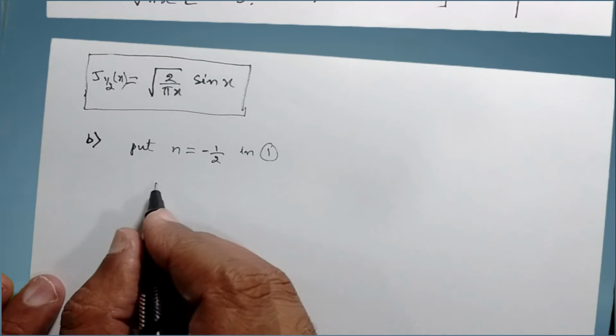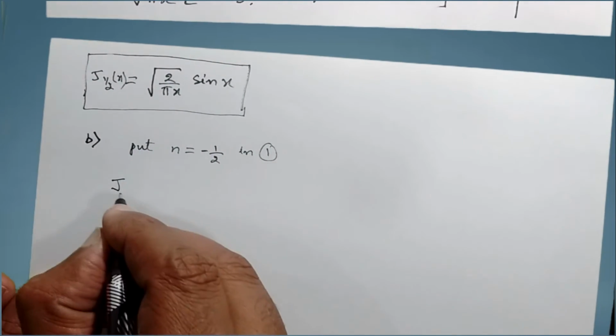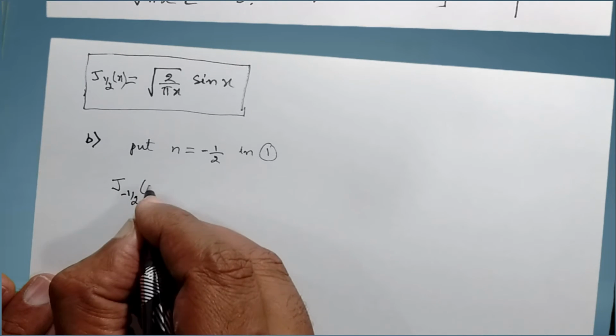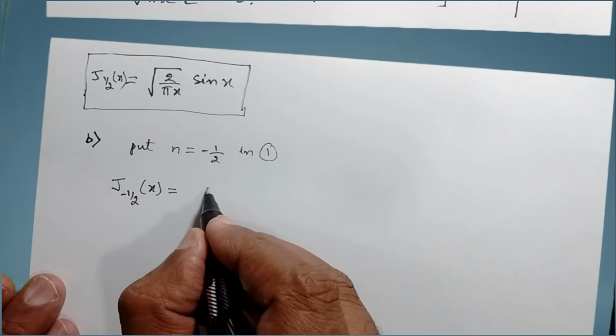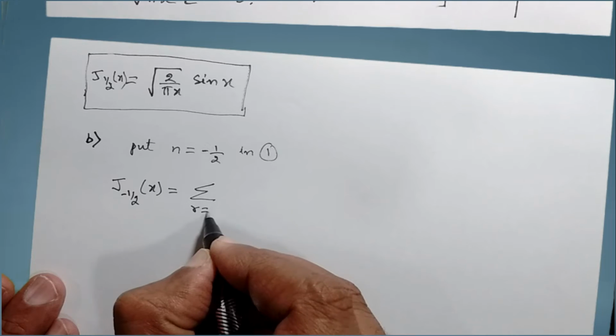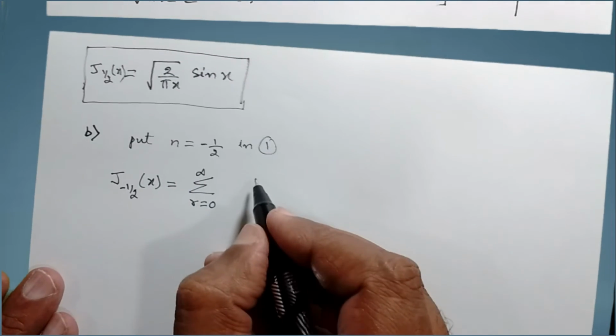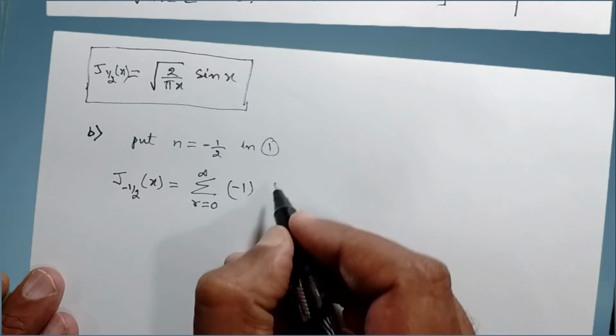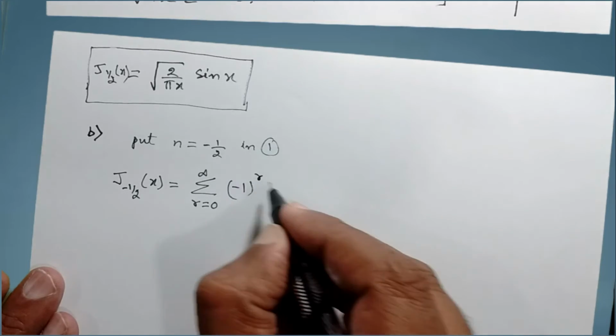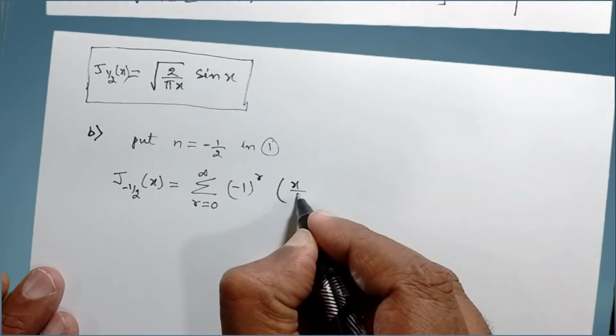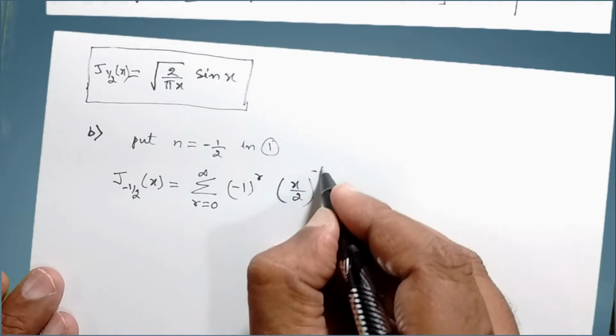So equation 1 will imply J minus half of x is equal to a summation of r is equal to 0 to infinity, minus 1 power of r into x by 2 to the power of n, where n value is minus half.